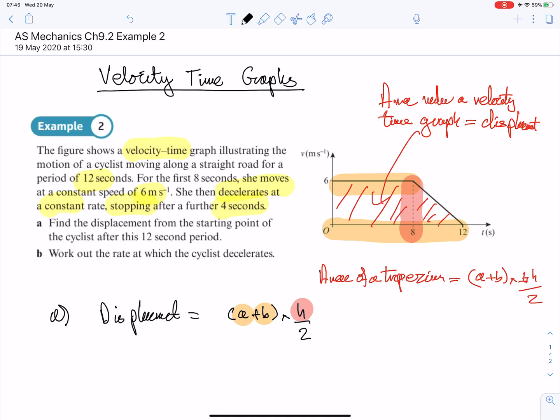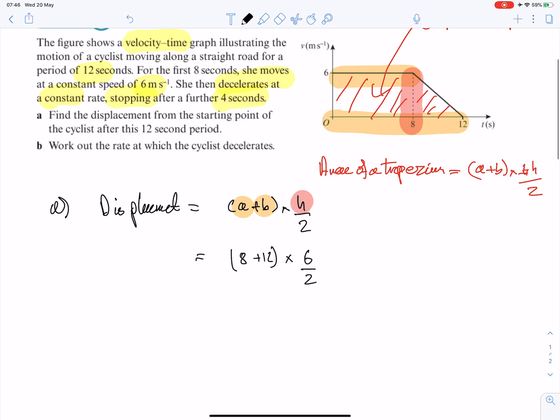So we get A as 8 plus 12 as the lengths of the parallel sides, times the distance between them, which is 6 over 2. 20 times 3 equals 60.